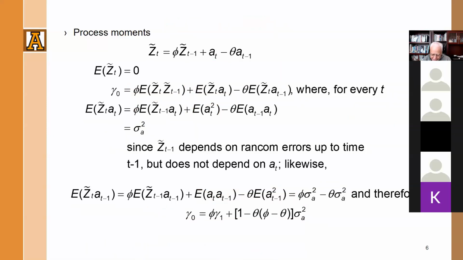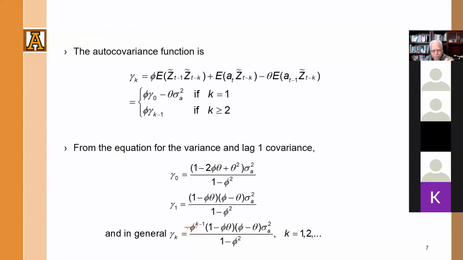Okay, so that's the expression for the variance. So the variance is the covariance multiplied by phi, which is the autoregressive coefficient, plus 1 minus something, the multiplication of these parameters, times sigma squared. And this is the autocovariance function.